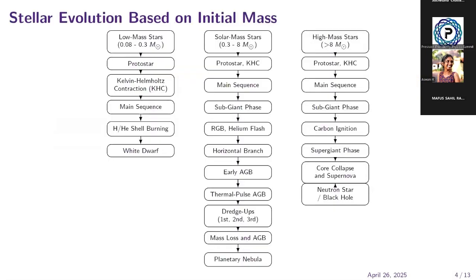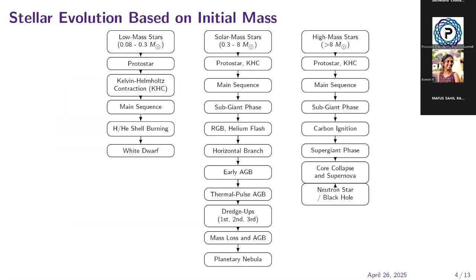Stellar evolution is a very complicated topic, so I'm going to go over it briefly to give a background of the subgiant stars. Based on the initial stellar mass, a star evolves via different mechanisms.